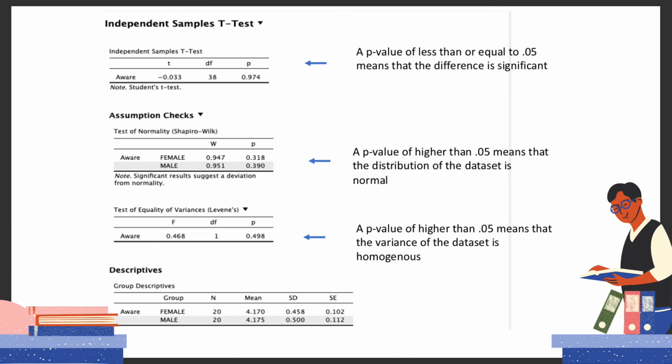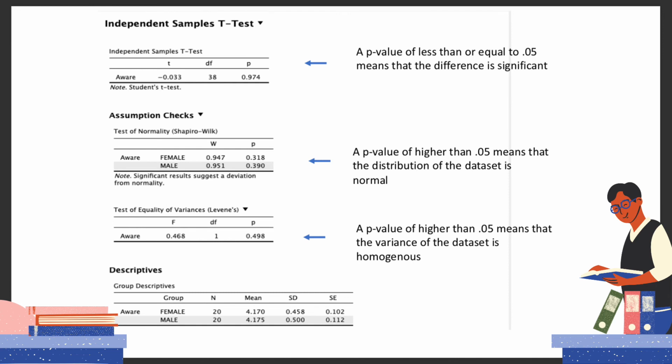In the next table, we have here assumption checks. For assumption checks, this is used to test for normality. So for the p-value of more than 0.05, that means the distribution of the dataset is normal. So with the value generated by the software, it has a p-value of 0.3 and 0.39. That means it is higher than 0.05.